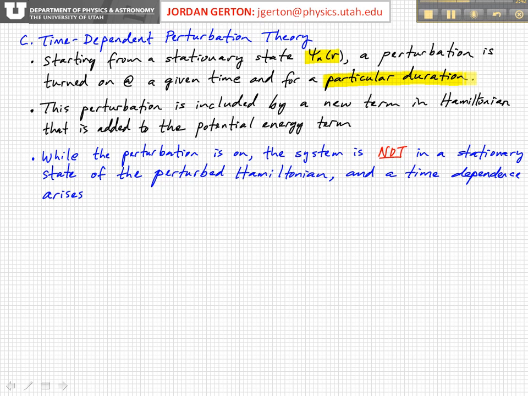Okay, so it's a perturbation in the sense that it is only on for a short period of time. It's not a constant, not something which is applied for a long duration. It's applied for a short duration, and in some sense, therefore, it's sort of a weak perturbation to the system.